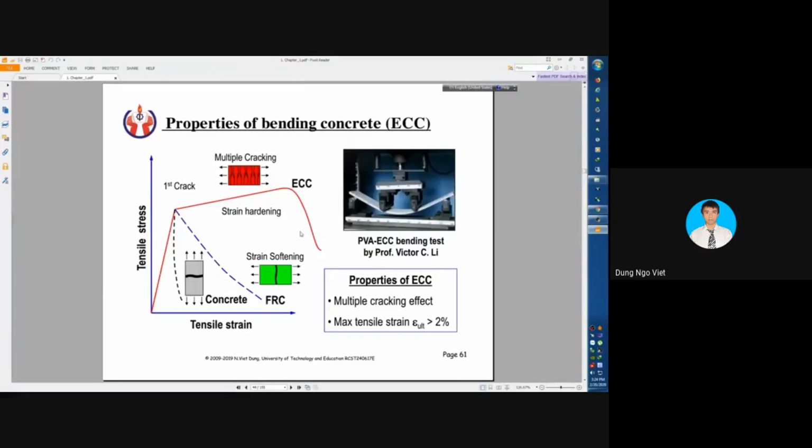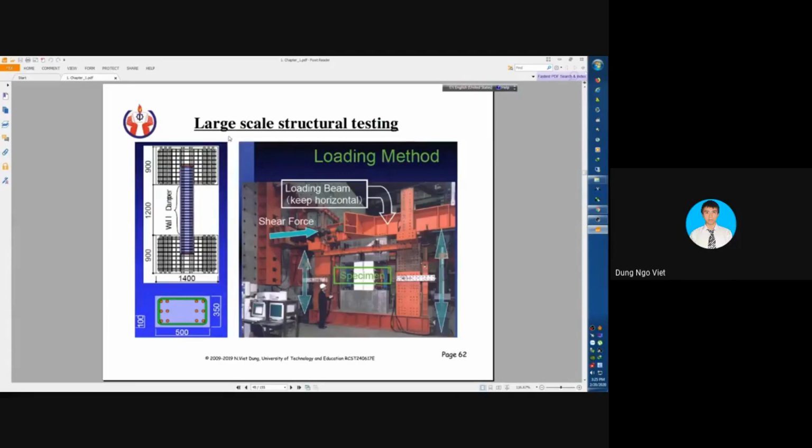And here's the example for researching reinforced concrete. For example, here's the bending concrete. You can see here is the concrete plate which has the capacity of bending. And here's the example for large-scale structure testing.